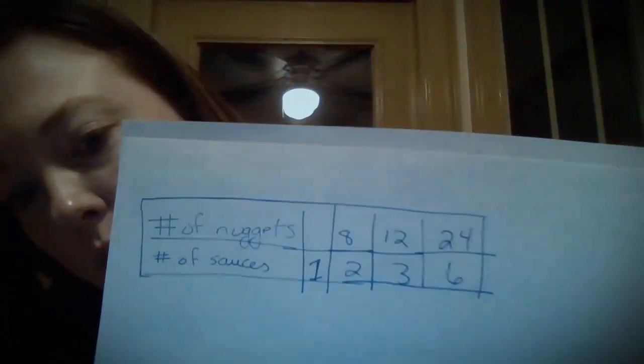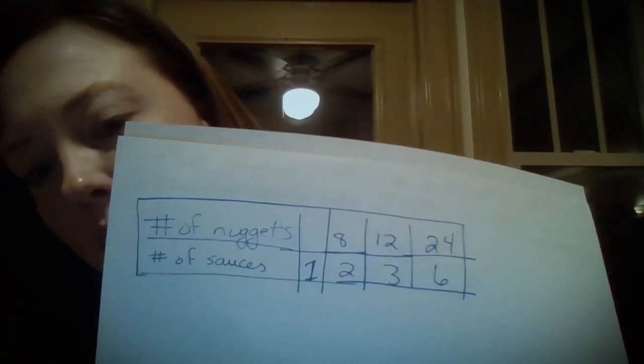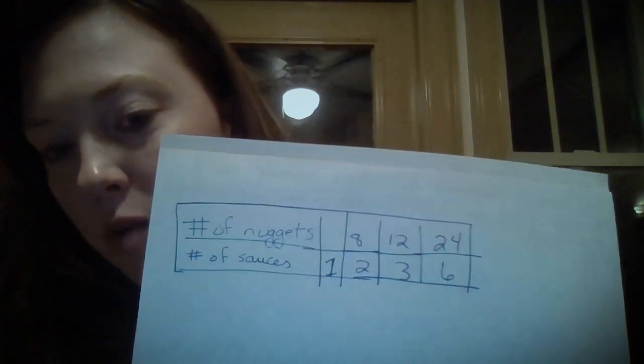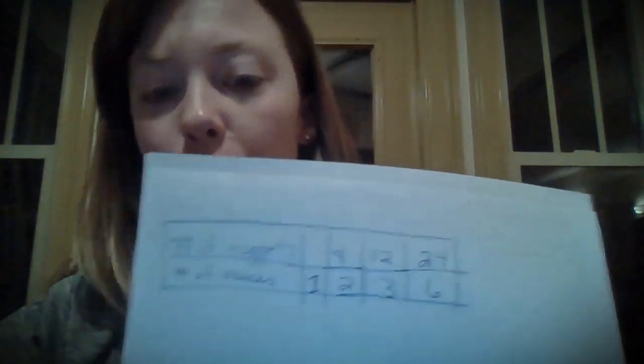So one more way that you may see unit rates is in a ratio table, which we talked about last week. So in this example, if you guys have ever been out for fast food and gotten chicken nuggets, a lot of times you'll order sauce, and the restaurants will give you a certain number of sauce packets per amount of nuggets.